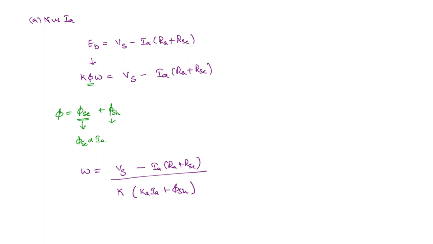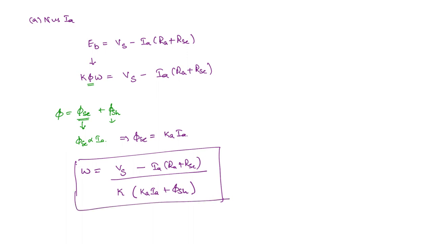Here we wrote phi SE in terms of the armature current because it is directly proportional. So this is the expression that we got. Now from here you can see what is the effect of varying armature current on the speed.